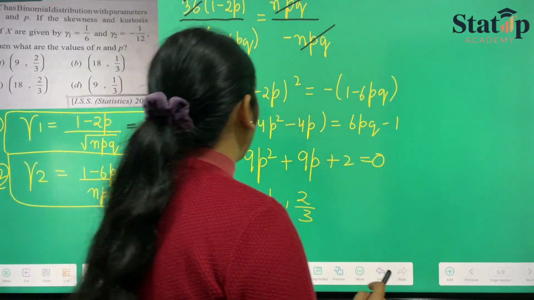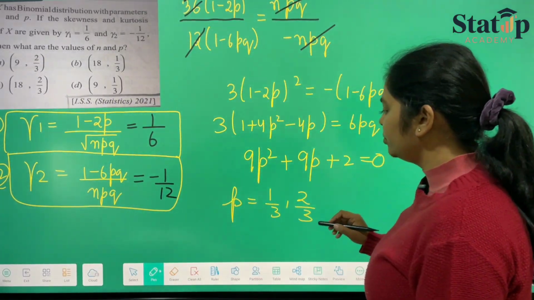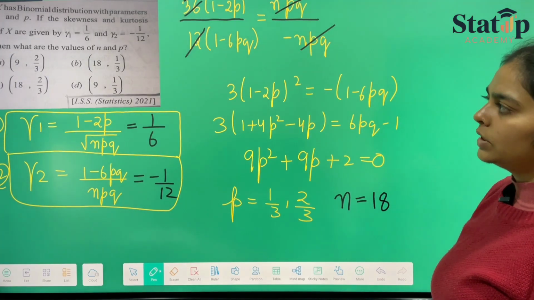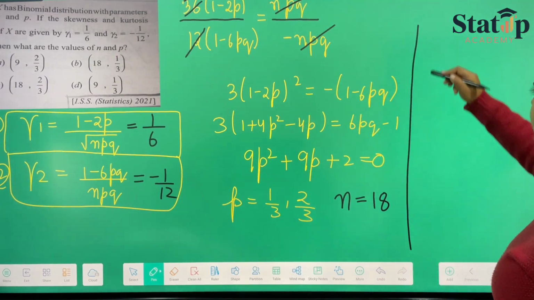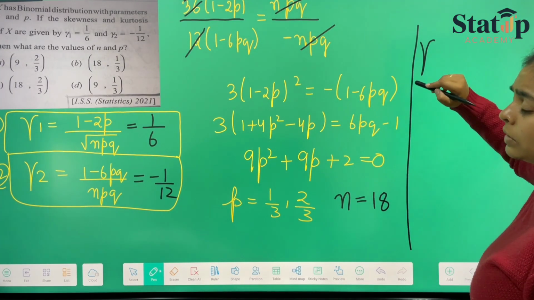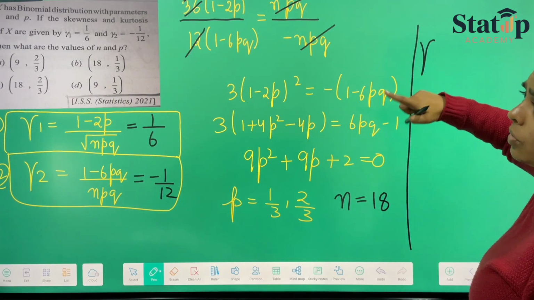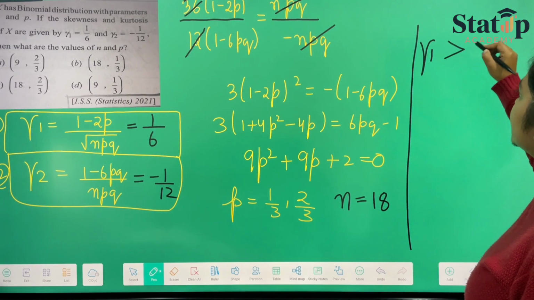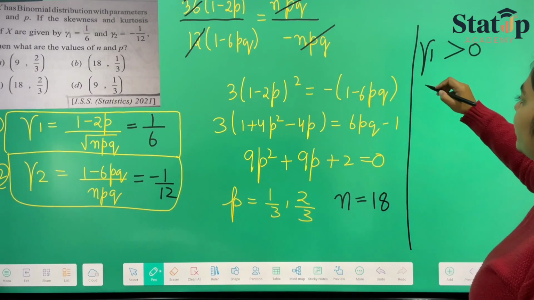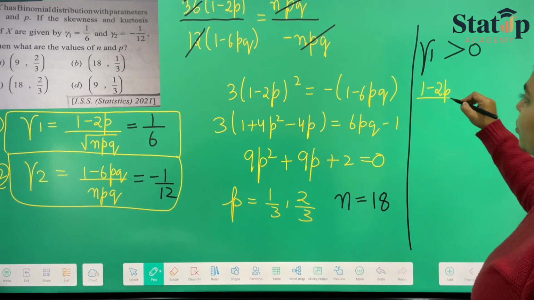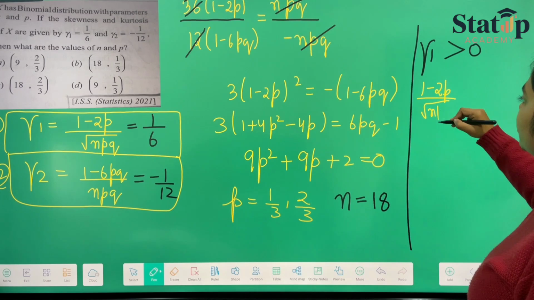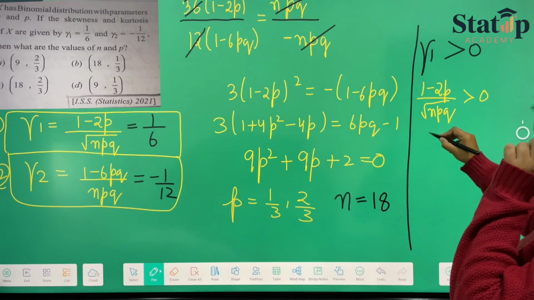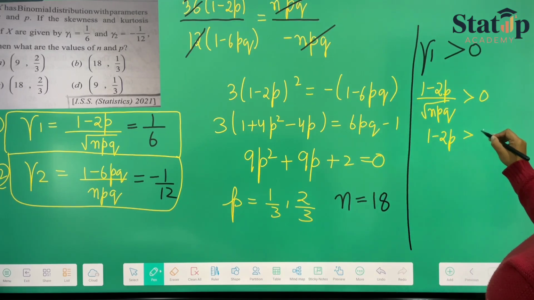Now putting these values, we'll be getting the values of n as 18 for both the cases. Now how to decide? So we know that the coefficient of skewness, which is gamma 1, is always greater than 0. But gamma 1 has the formula 1 minus 2p upon under root npq, which is greater than 0. So 1 minus 2p is greater than 0.